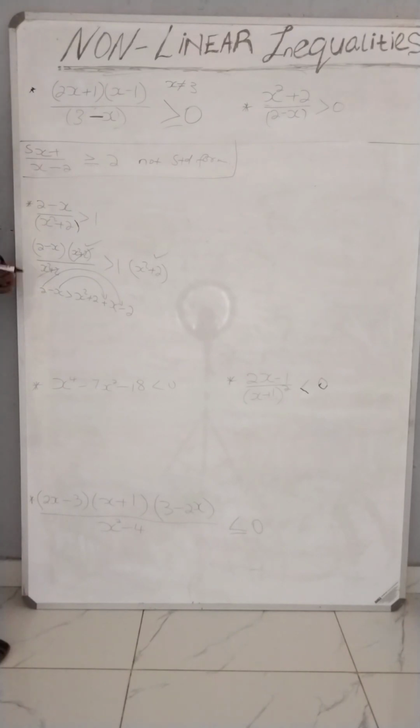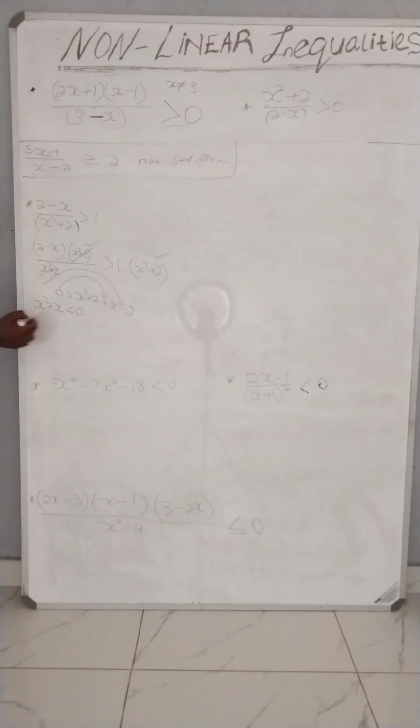So they are no longer on the side, and this side you are remaining with 0. So now your expression is x squared plus x, 2 minus 2 is 0. So this 0 is bigger than all this, meaning this is less than 0. Why? Because 0 is bigger.